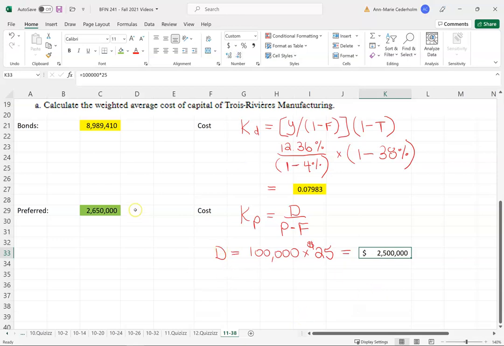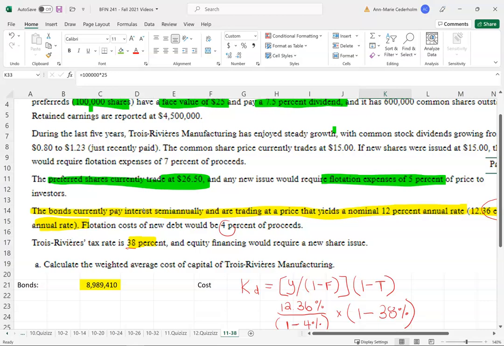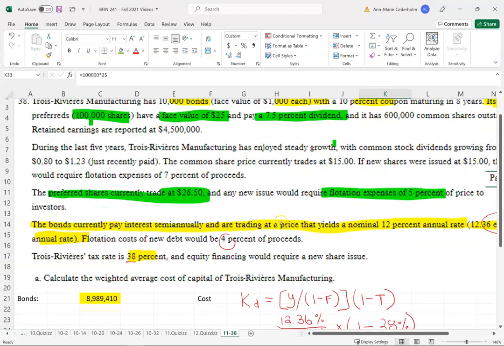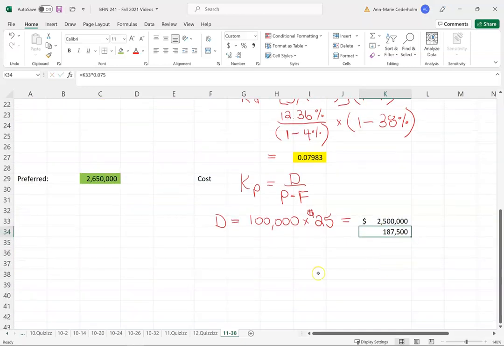And then the dividend is going to be 7.5%. So if I take 7.5% of that, that means my dividend is going to be 187,500.